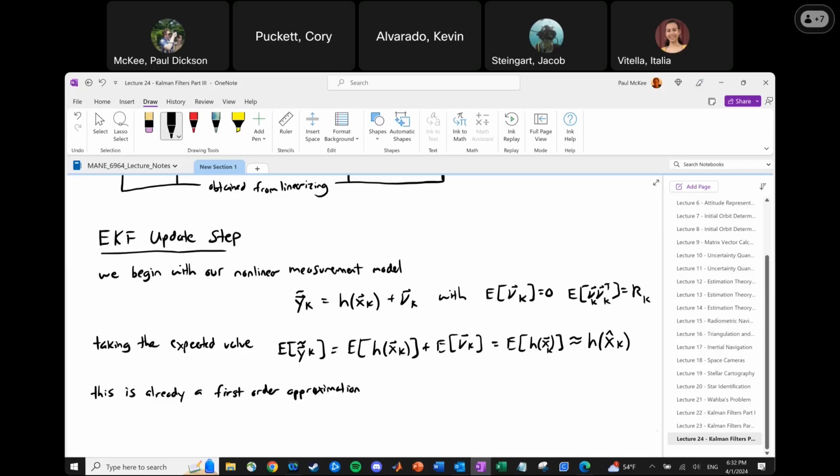Okay, so as with the classical Kalman filter, we construct an update equation. And this is where we're going to start noticing something different.